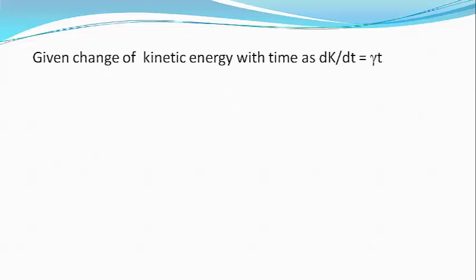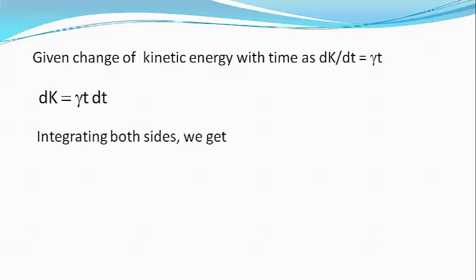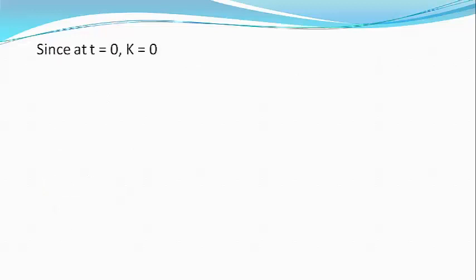Also given dK divided by dt equals gamma t, or dK equals gamma t dt. Integrating both sides, we get kinetic energy K equals half gamma t squared plus C''. Since at t equals 0, kinetic energy is 0, we get C'' equals 0, or kinetic energy K equals half gamma t squared.